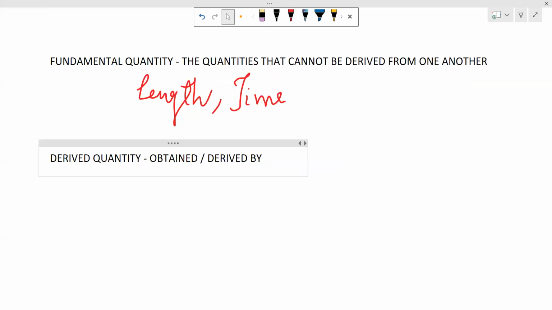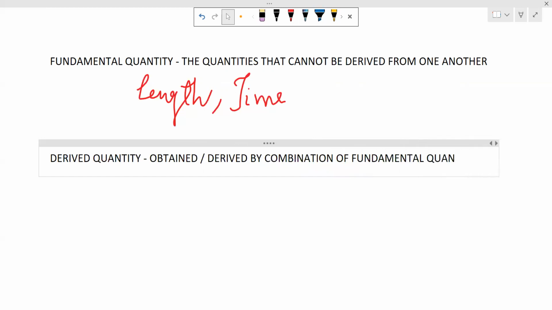Derive मतलब हम लोग डिवीजन मल्टीप्लिकेशन प्लस माइनस ऑपरेशन करके उस नया क्वांटिटी को डिराइव करते हैं. तो डिराइव बाय combination of fundamental quantities. हम लोग फंडामेंटल क्वांटिटीज को डिवाइड मल्टीप्लाई करके उस क्वांटिटी को फाइंड करते हैं.